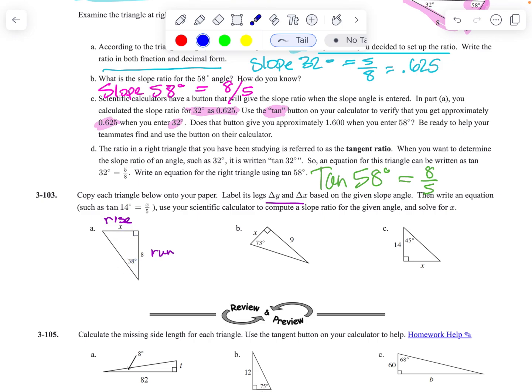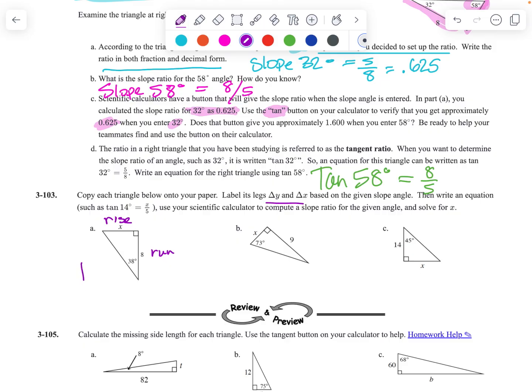Like I could draw it sideways, right? I could make my triangle like this, and then the x is my rise, and the 8 is my run. Let me actually draw that because I feel like that's kind of confusing to you.